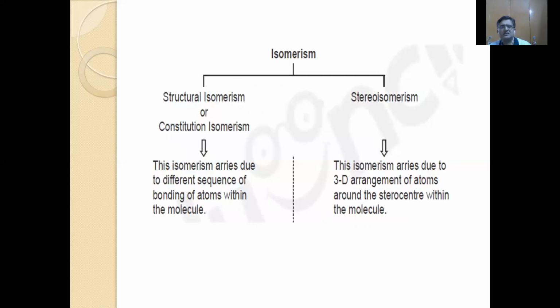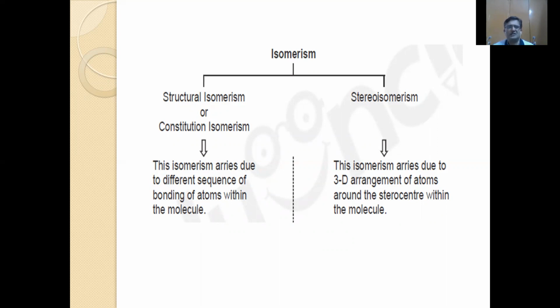Already you have seen the types of isomerism in the previous lecture video, that is structural isomerism and stereoisomerism. That means structural isomers and stereoisomers are the two important types of isomerism. Structural isomerism mainly deals with the structural aspect in a two-dimensional way.